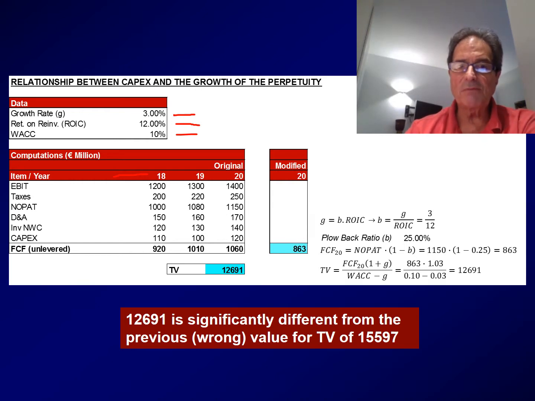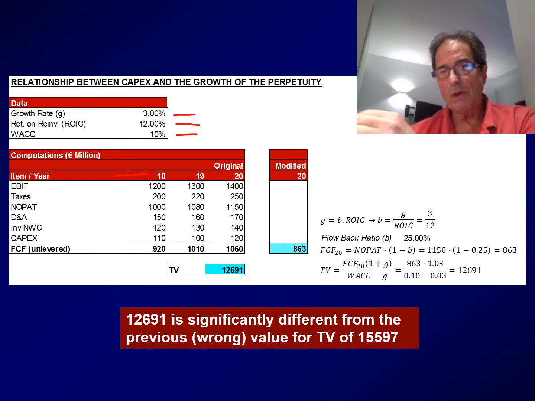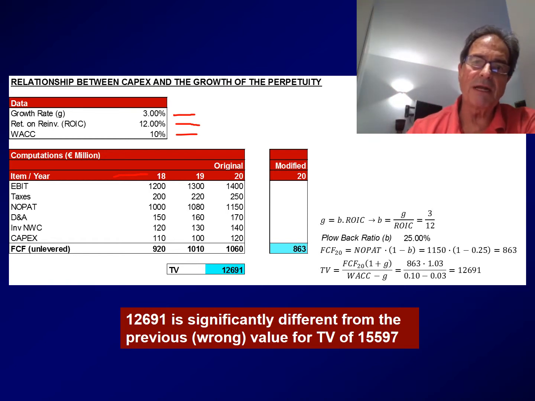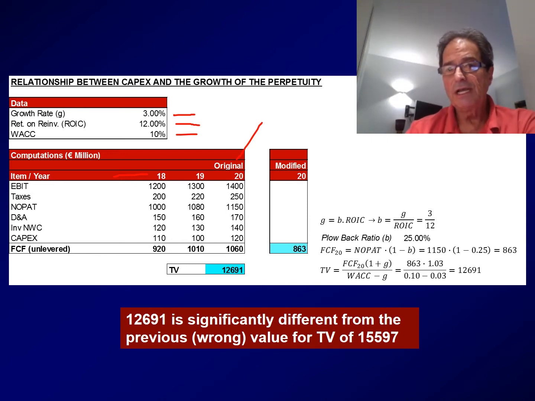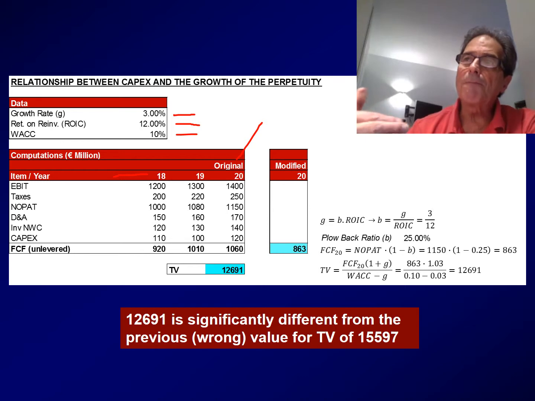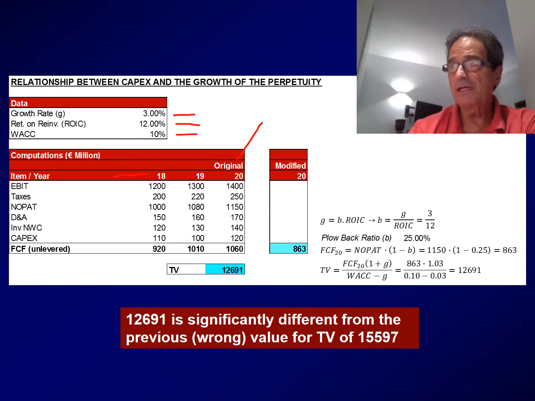The first thing that we must do, and this is the way I believe we should do this calculation for the terminal value, is to modify the last cash flow of the projection in order to make it compatible with the assumed growth rate, 3%, and the assumed ROIC, 12%. As we said before, the growth rate is given by B multiplied by ROIC.